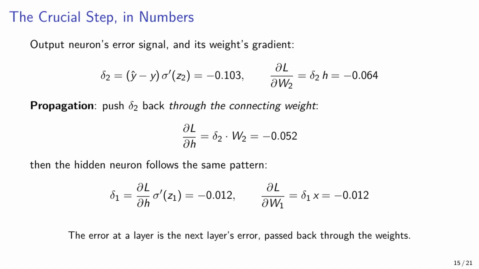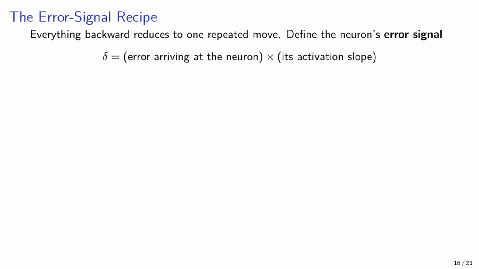The error at a layer is the error at the next layer passed back through the weights that connect them. Let us name the recipe because everything backward reduces to it. Define a neuron's error signal, delta, as the error arriving at that neuron times its own activation slope.